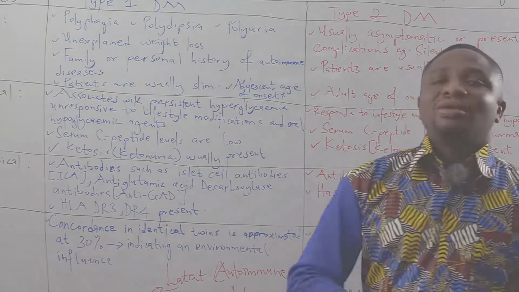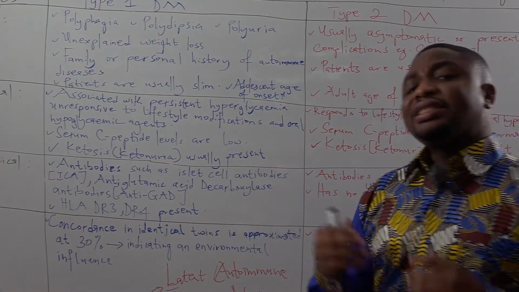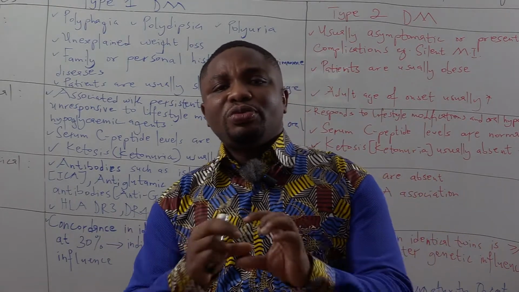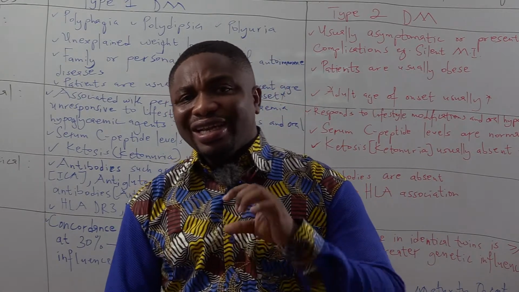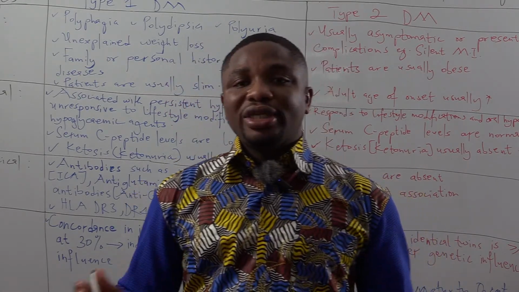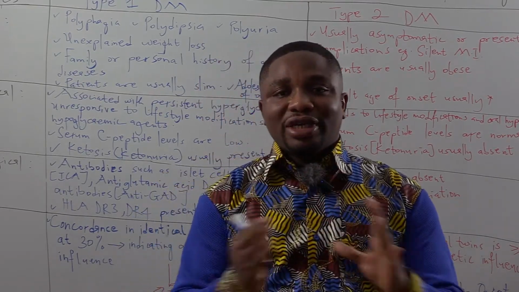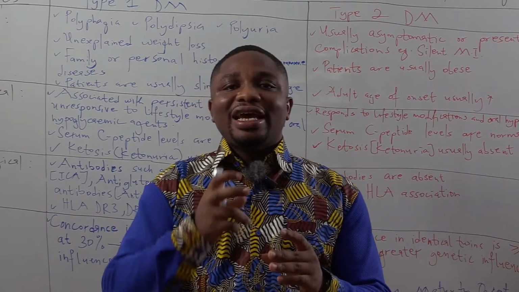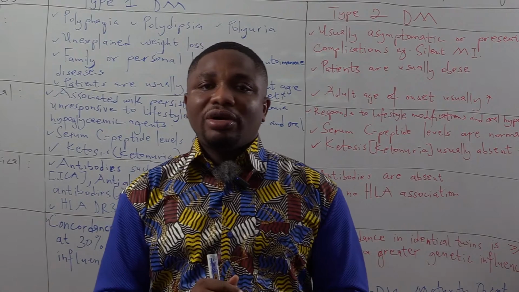Then again, for type 1 diabetes mellitus, the serum C-peptide levels are going to be low. Why are we saying that? Insulin is produced as a result of the cleavage of proinsulin. When proinsulin is cleaved, you have the insulin units on one side and the C-peptide, that is the connecting peptide, on the other side.